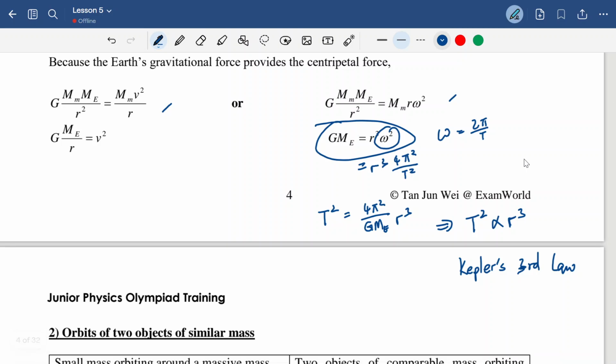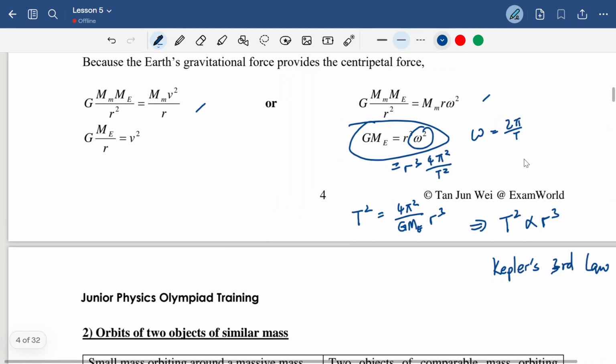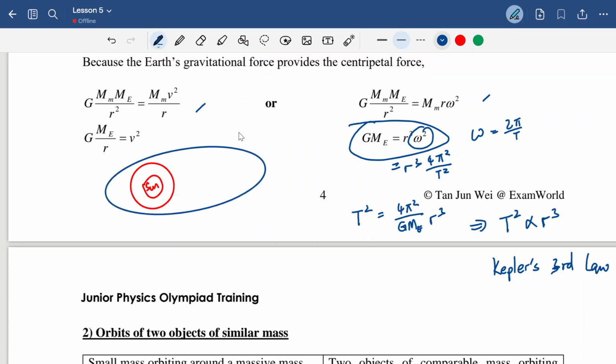These orbits are circular. Now, the thing about the solar system is pretty interesting. If you have the sun here, the inner solar system are all almost perfectly circular around the sun. But those at the outer solar system, some of the orbits are actually like, this is probably exaggerated, but it's actually elliptical.